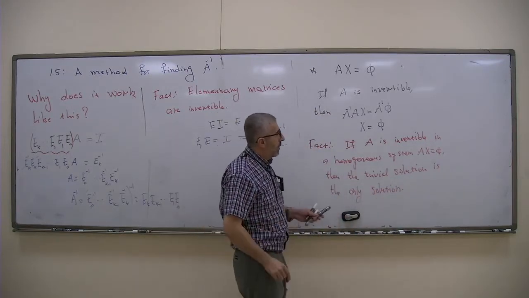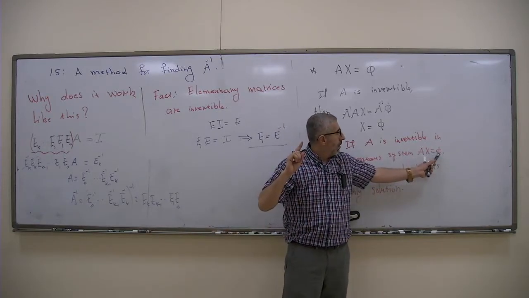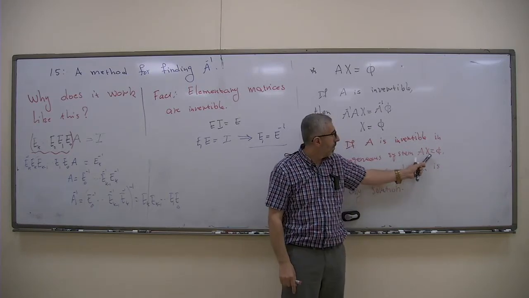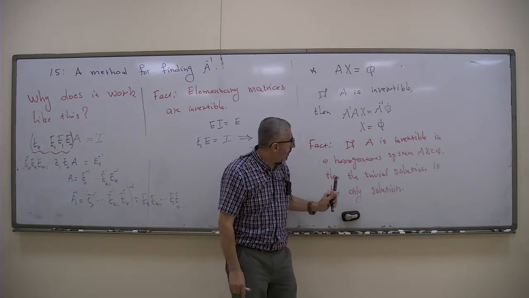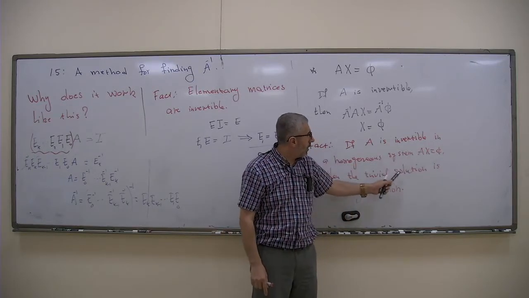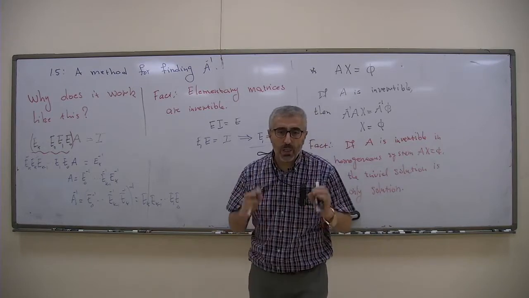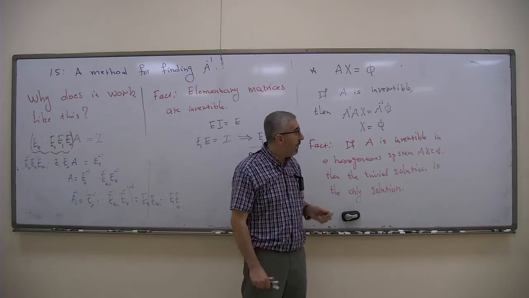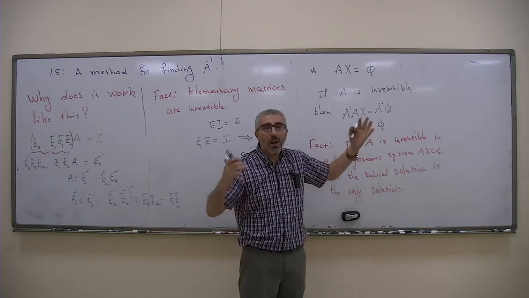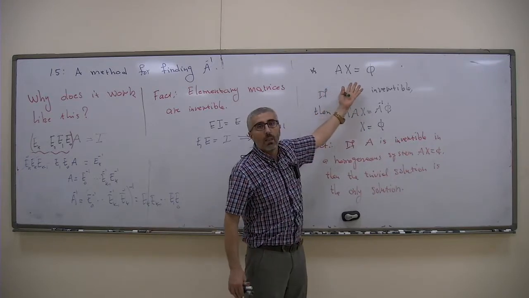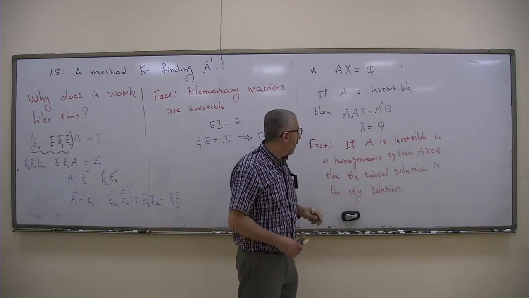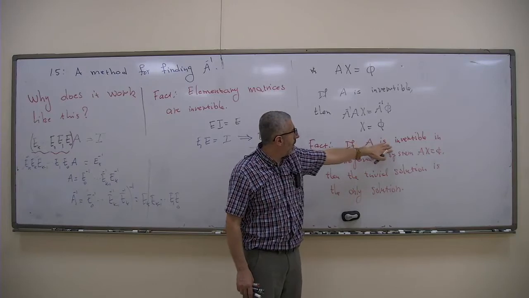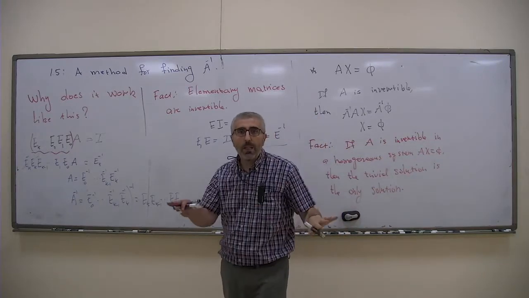Remember, homogeneous systems may have a unique solution or may have an infinite number of solutions. Okay? So it is easy to discover whether the trivial solution is unique or not just by looking at the coefficient matrix and check whether it is invertible or not. Okay? If it is invertible, the trivial solution is the only solution. If it is not invertible, in that case, you are left with one option, which is you have an infinite number of solutions. So if A is not invertible, then this homogeneous system has infinitely many solutions.